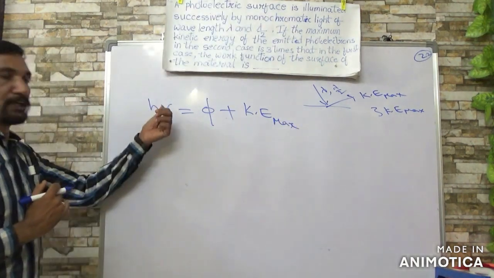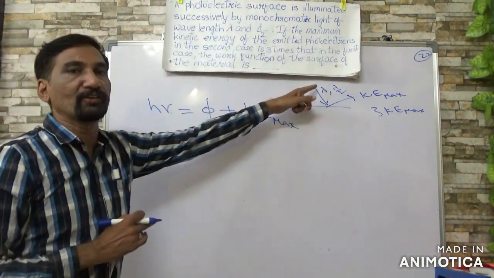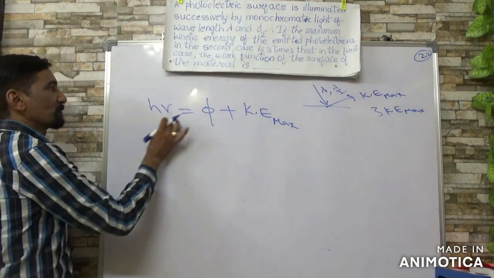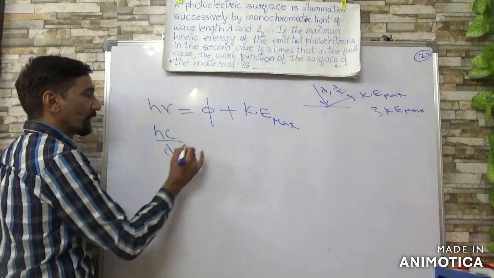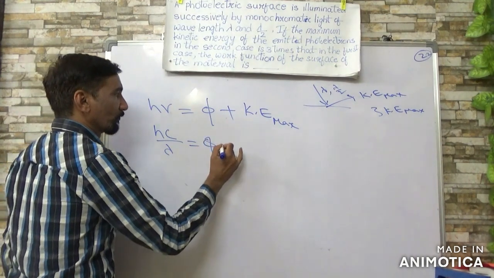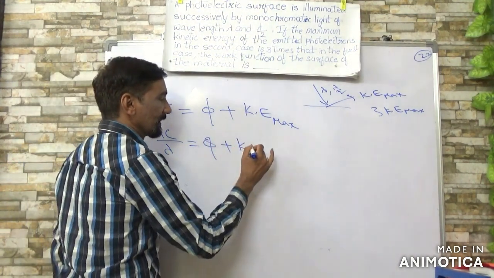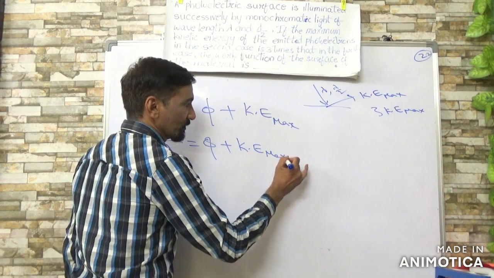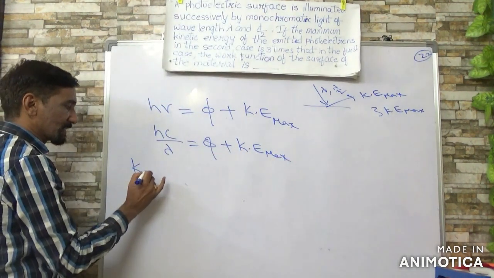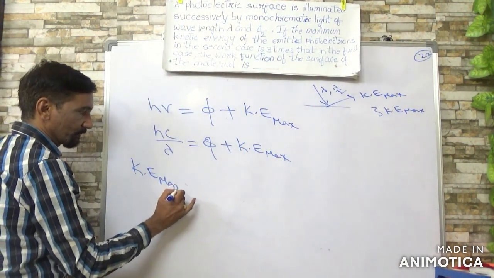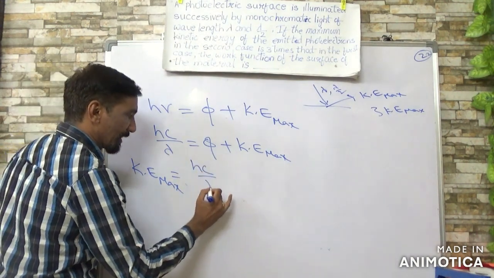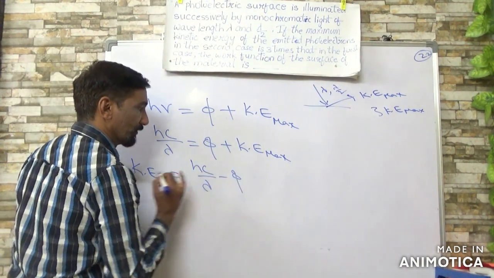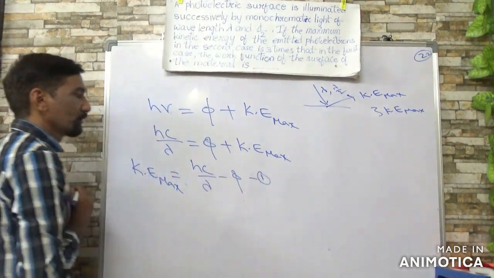Here instead of frequency you have given wavelength, na, so that is why it must be converted. hc by lambda is equal to work function plus KE maxima. Therefore kinetic maximum in this case becomes hc by lambda minus work function, say equation 1.